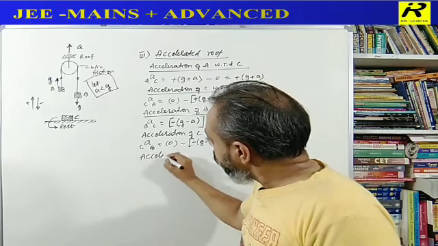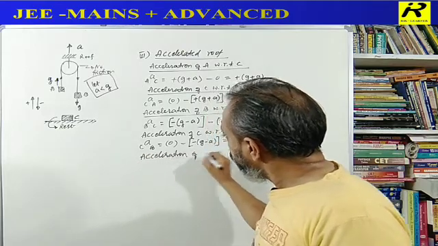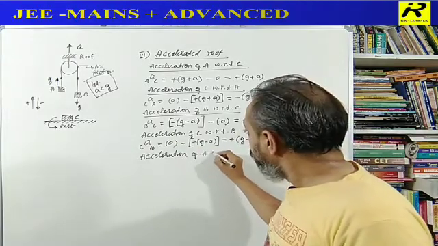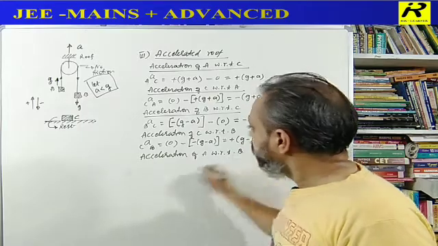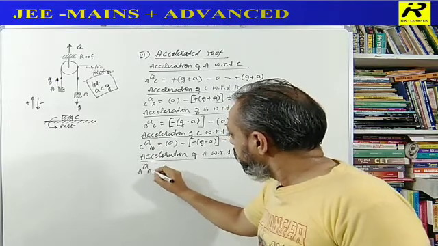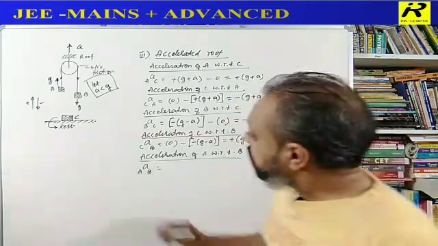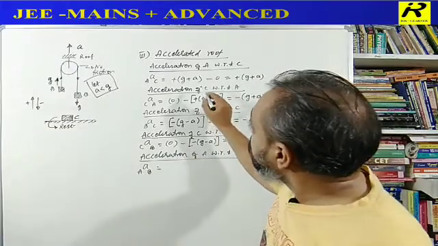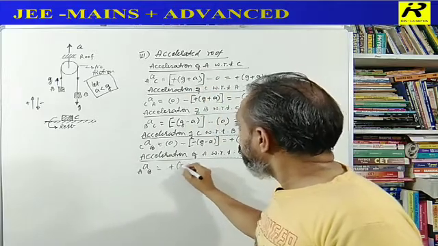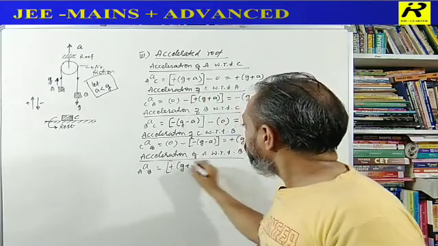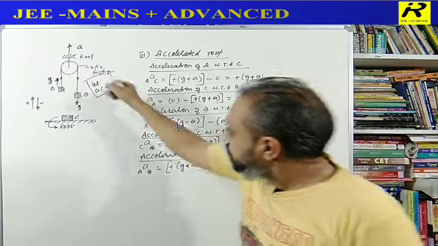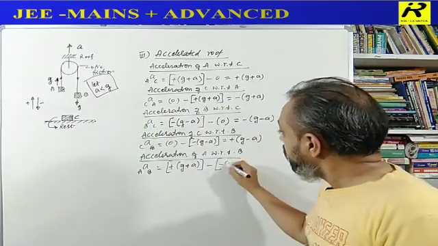Now the acceleration of A with respect to B. The acceleration of A is what we already have here, plus g plus a, minus the acceleration of B. This much is downward, so I must write minus g minus a.